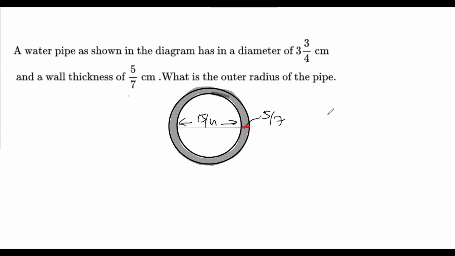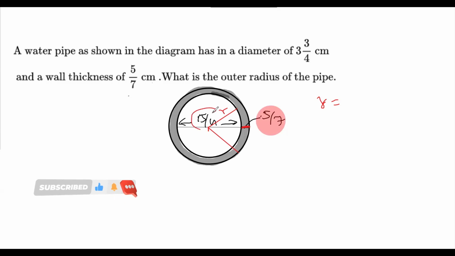Now the question is, what is the outside radius? Let me once again show you. This is the inside radius, and the outside radius is going to be this. So from here you can see that if we add the thickness to the inside radius, we'll get the outside radius. So we need to first find the inside radius, which I'm denoting with small letter r.